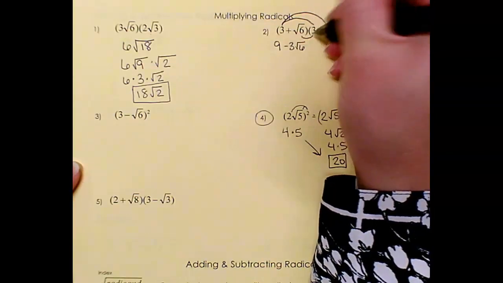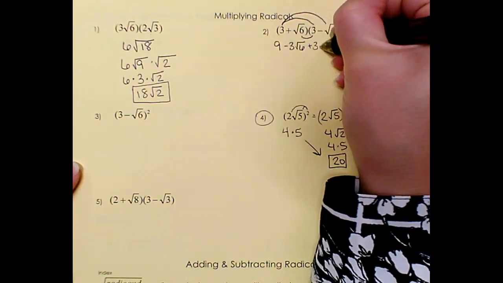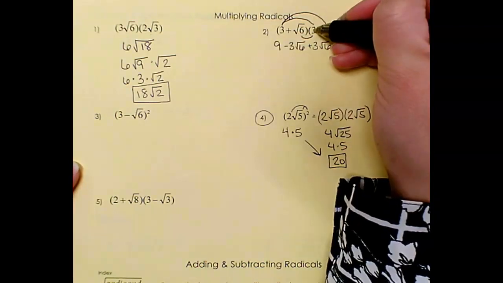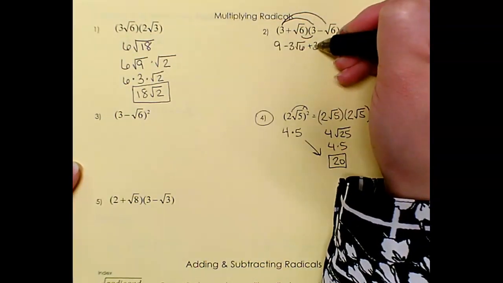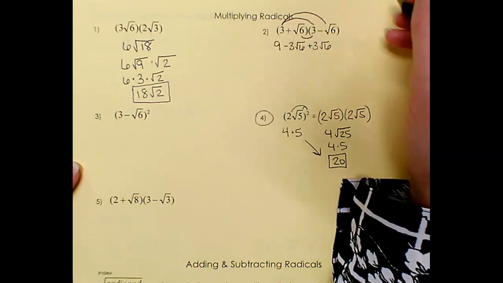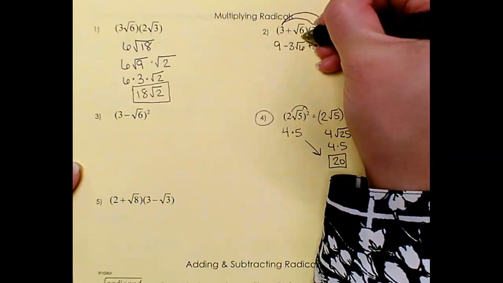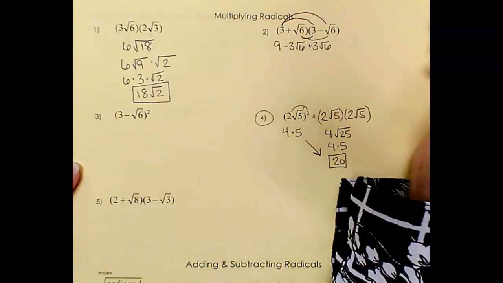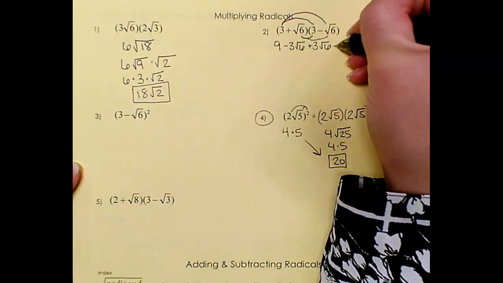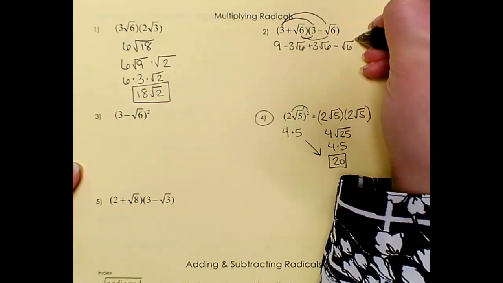Positive square root of 6 times 3 is 3 square roots of 6. Notice how the 3 is not under a radical, so it comes in front of the radical. And then finally, the square root of 6 times the negative square root of 6 is minus the square root of 6 squared.